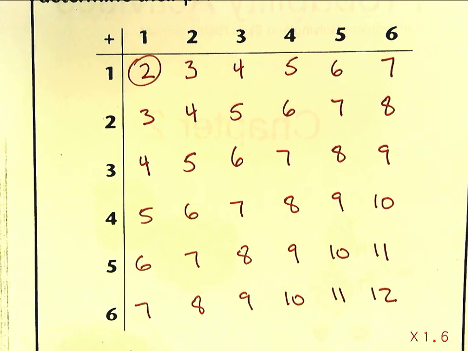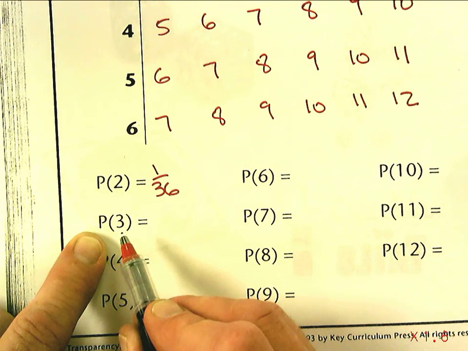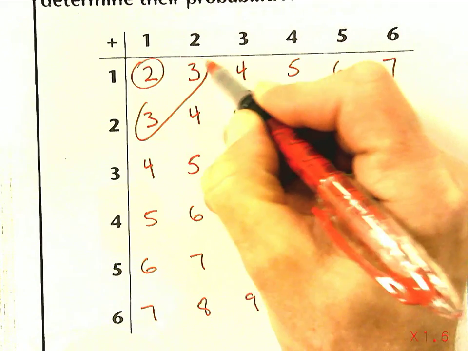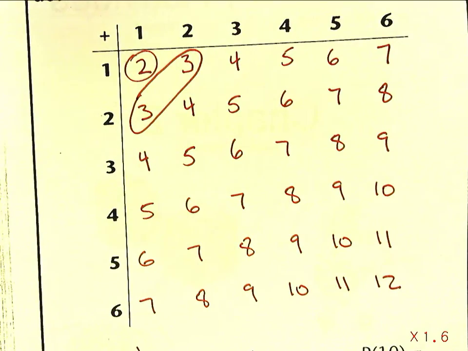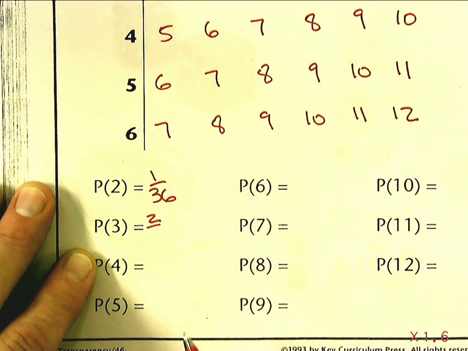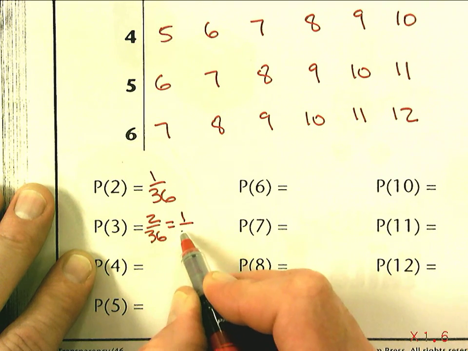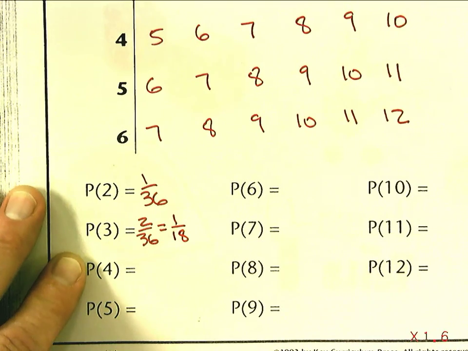Well, how about the probability of rolling a combination of 3? Again, we just look at our chart, and it looks like there's 2 ways out of 36, and that reduces to 1 out of 18. So we always want to reduce our fractions whenever we can.